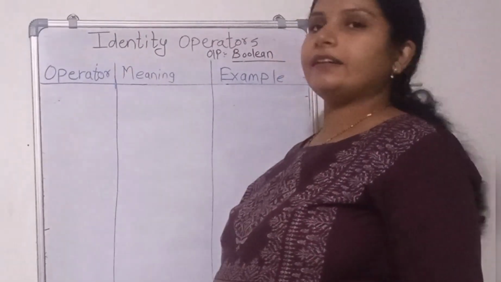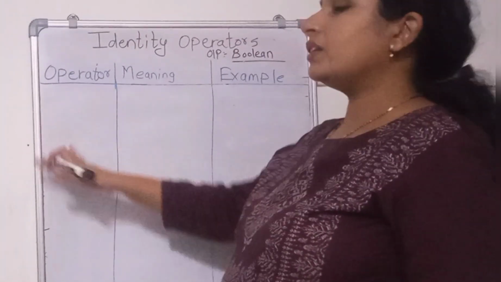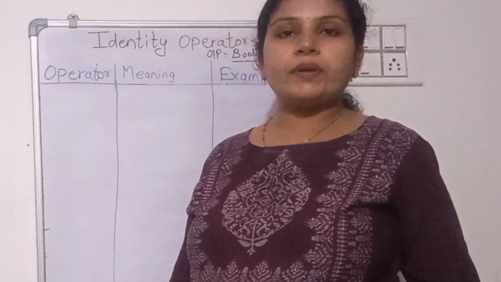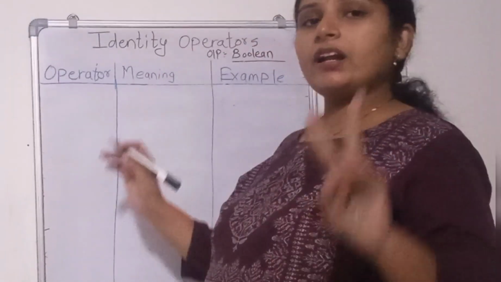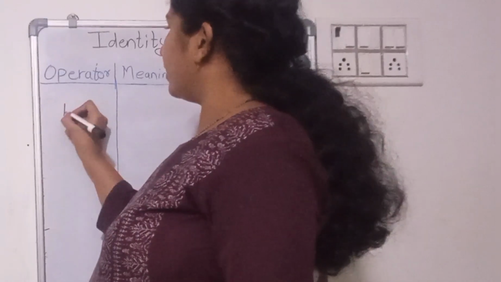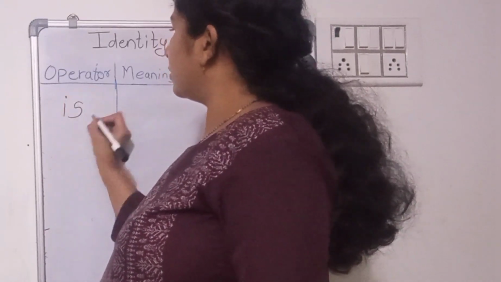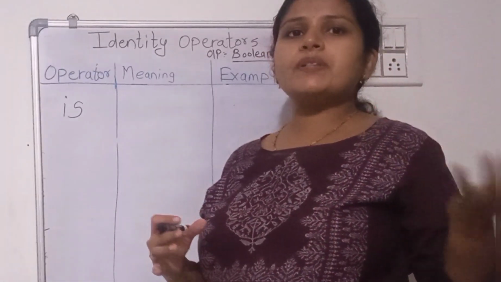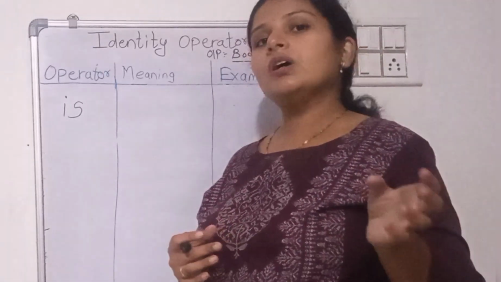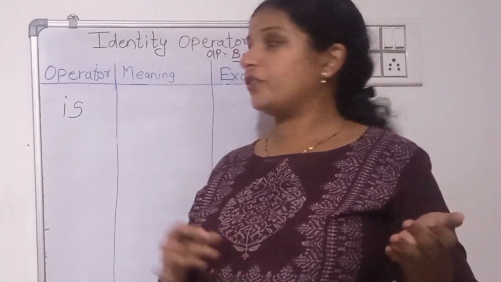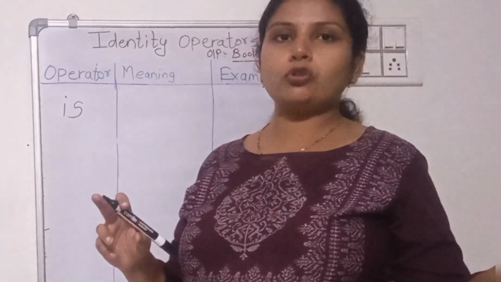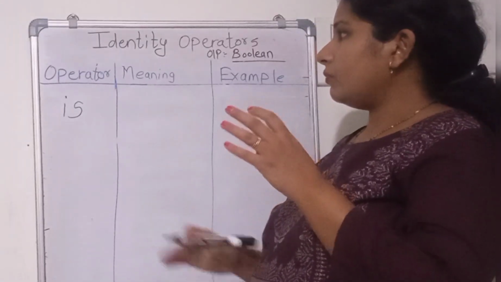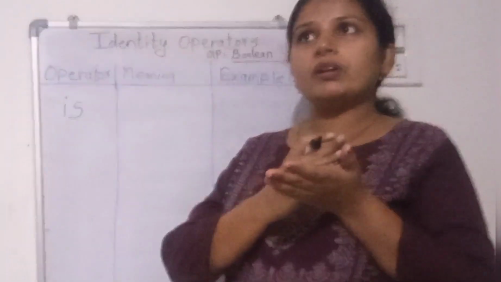Next operator is the identity operator. When we are checking the identity of the variable in terms of values, the identity operator helps us. There are basically two identity operators, is and is not. First is the is operator, the simple form. We are just checking whether both variables are the same or not. It's the same as equal to, but there is a thin line of difference between the is operator and the equal to operator. Is means we are checking if the first value is the second value.